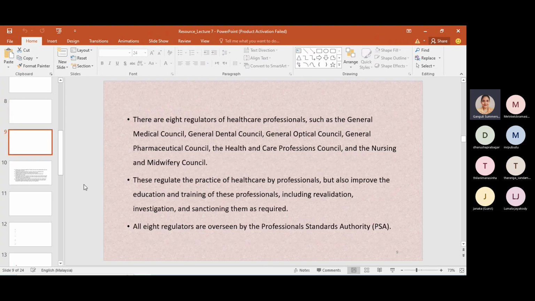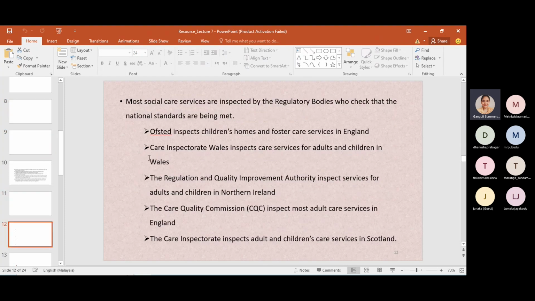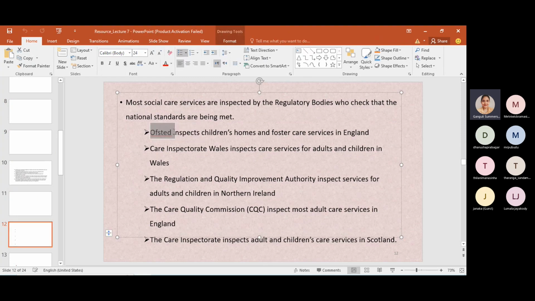Let me show you. There's a regulator called Ofsted in England, and Care Inspectorate Wales, the Regulation and Quality Improvement Authority, CQC, Care Inspectorate. These are some health and social care regulators in the UK.